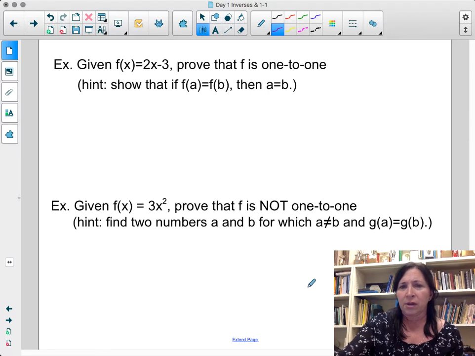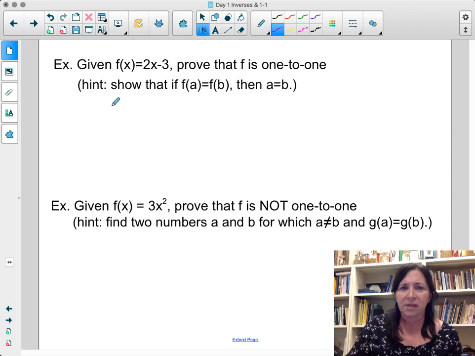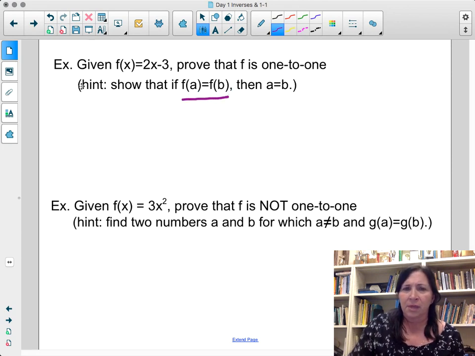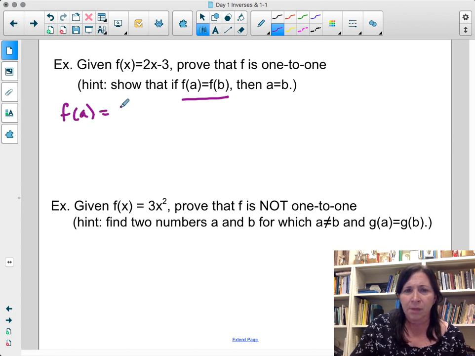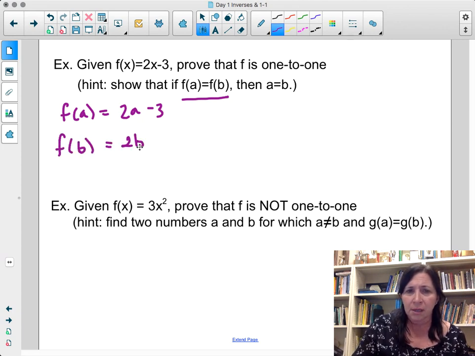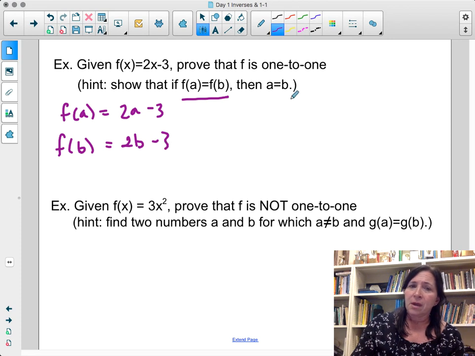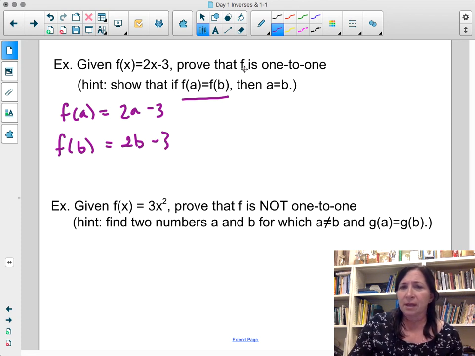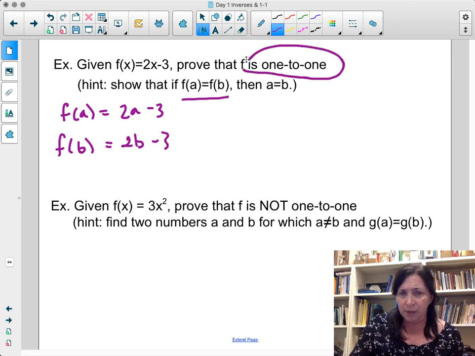So what we're going to do is we're going to practice. So in this problem, I'm going to plug in A and B. So I'm going to say, well, f of A would be 2a minus 3, and f of b would equal 2b minus 3. Well, if it's one-to-one, then I can set these equal to each other, and a should equal b.